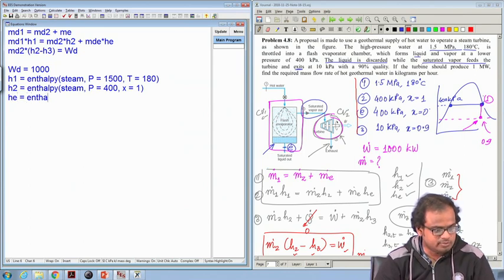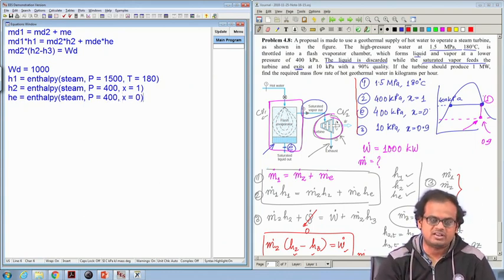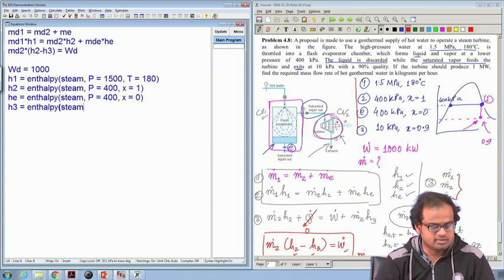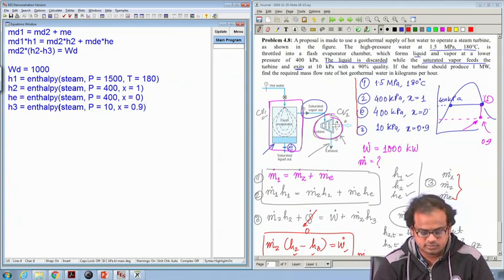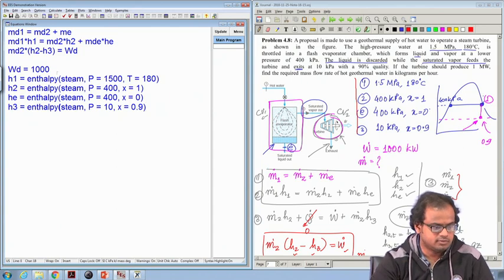That is the enthalpy of steam, P equal to 400 but X equal to 0. That is the extracted liquid from the flash chamber. And correspondingly, H3 is the enthalpy at the exit of the turbine. At the exhaust of the turbine, we have a pressure of 10 kPa, X equal to 0.9. So, this is what we have.